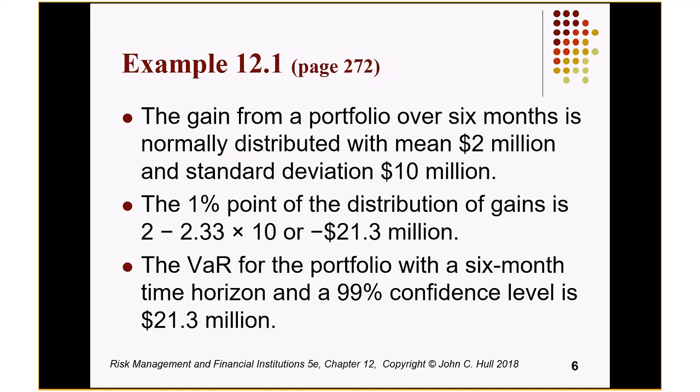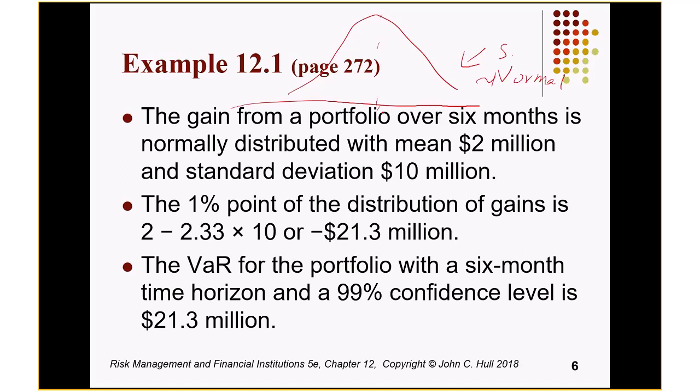Example: the gain from a portfolio over 6 months is normally distributed with a mean of 2 million and a standard deviation of 10 million. What is the 1% point of the distribution of gain? This is a standard normal distribution.